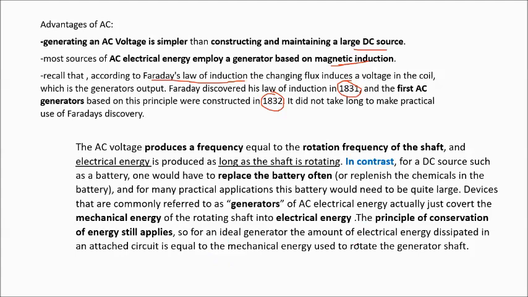So, the principle of conservation of energy still applies. For an ideal generator, the amount of electrical energy dissipated in an attached circuit is equal to the mechanical energy used to rotate the generator shaft.